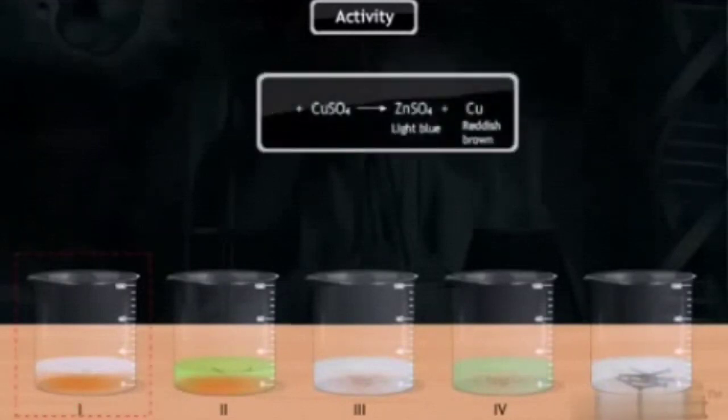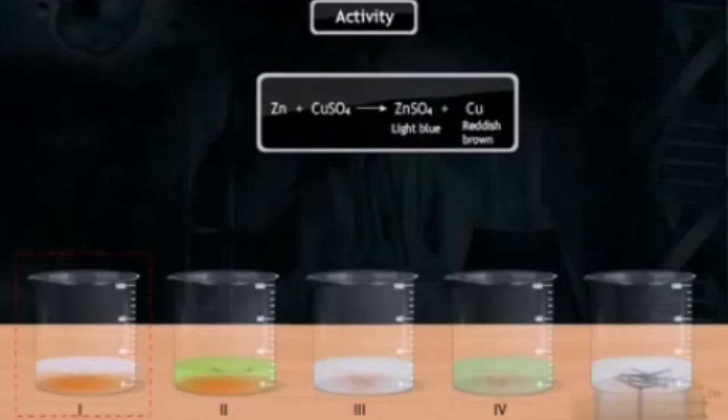In beaker 1, zinc, Zn, replaces copper, Cu, from the copper sulfate solution to form zinc sulfate, ZnSO4, and copper. Because of this, the blue color of copper sulfate disappears and a reddish brown substance, that is copper, gets deposited at the bottom of the beaker.